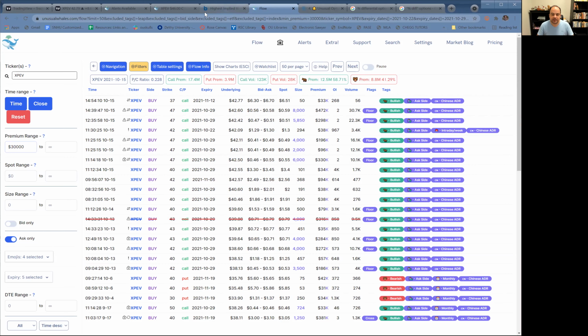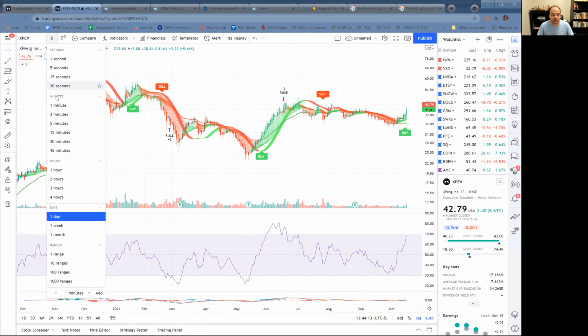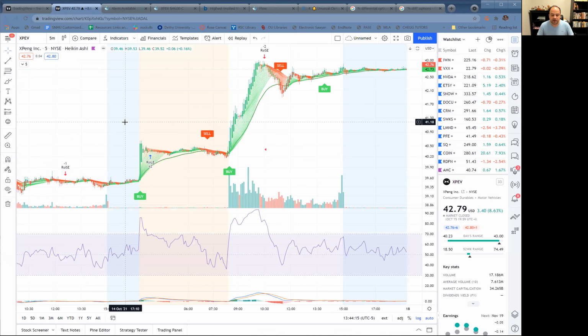Okay, so to get back to this alert. Everything looks good. This meets all the criteria I would look for. And at that point, you have to decide, okay, when am I going to enter this trade? So this was alerted at 9:12 on Friday. So let me go into the 5-minute chart here.